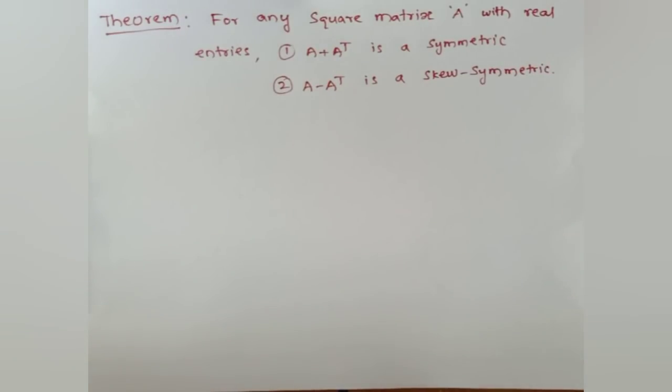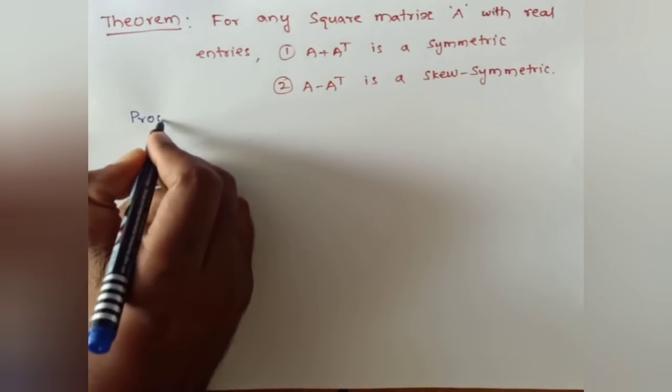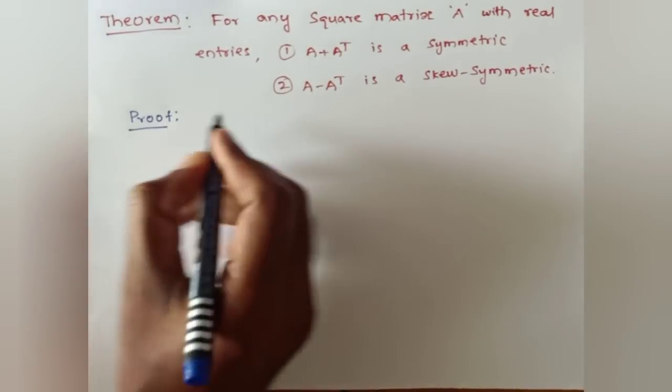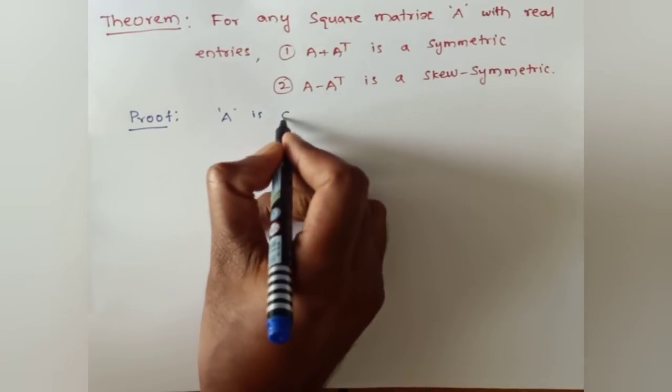So let's prove this. Proof. Here what is given? Only one thing is given: A is a square matrix. This is given.